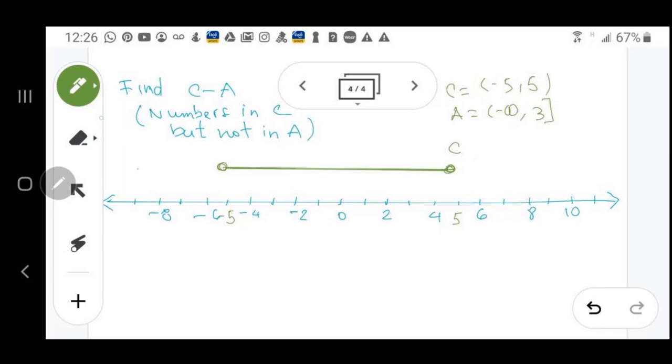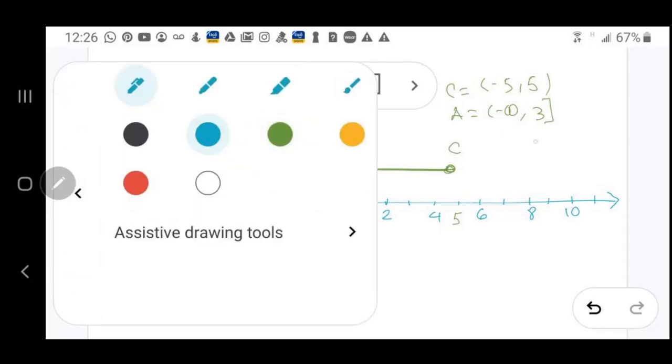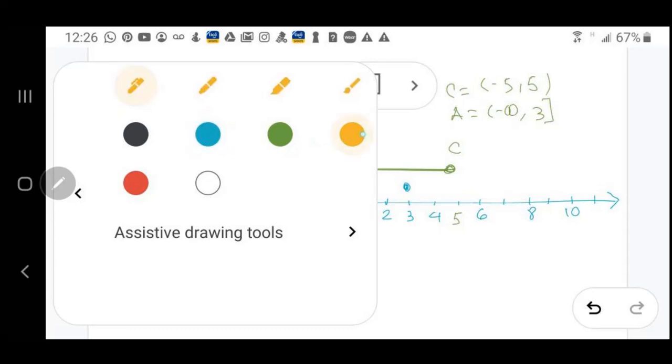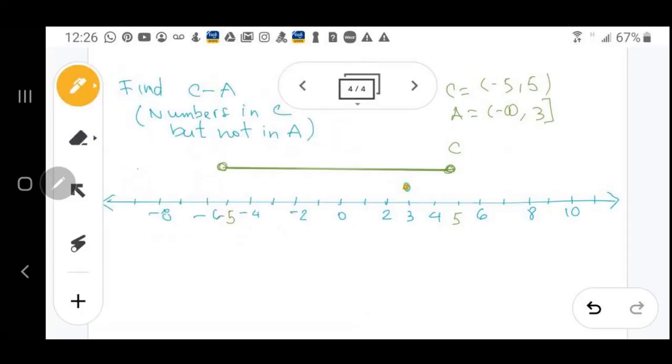Now let me use another color and draw the interval that goes from negative infinity up to 3. So 3 is over here. It is including the 3. Let me switch color. This is including 3 here.